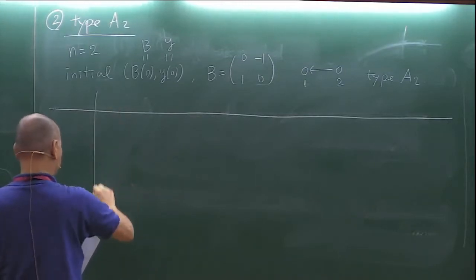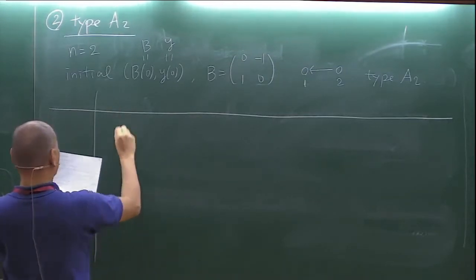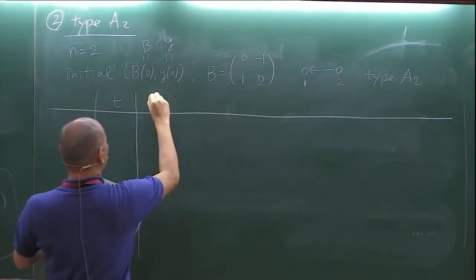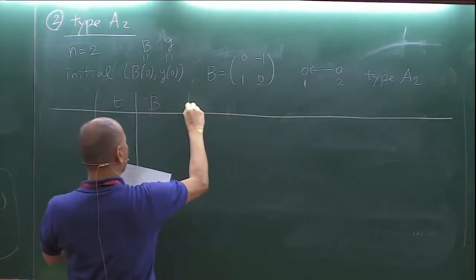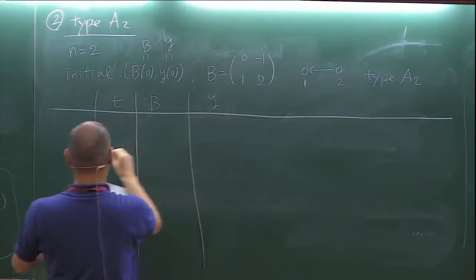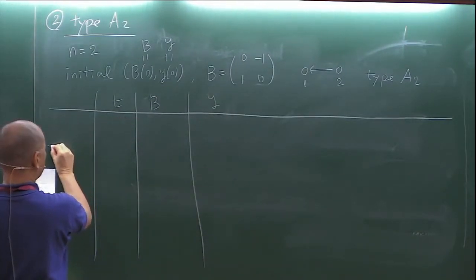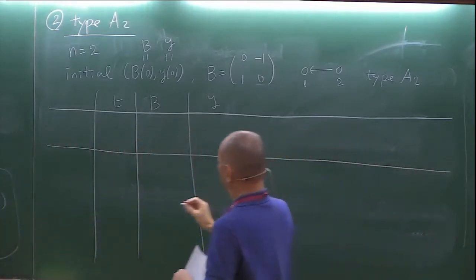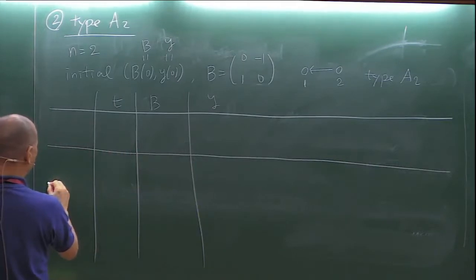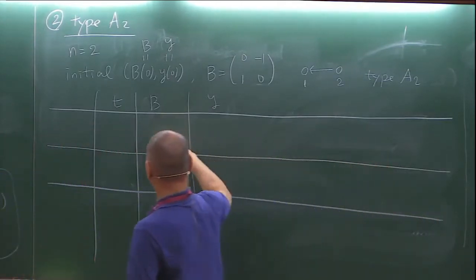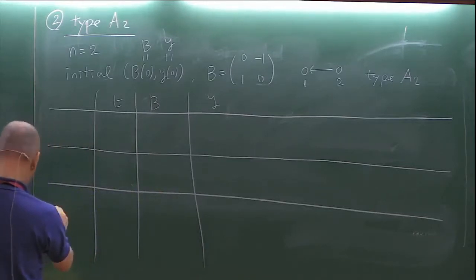So we have T, B, and Y. And at least you need 2 lines for each row of this diagram. So you need two rows to write down everything.